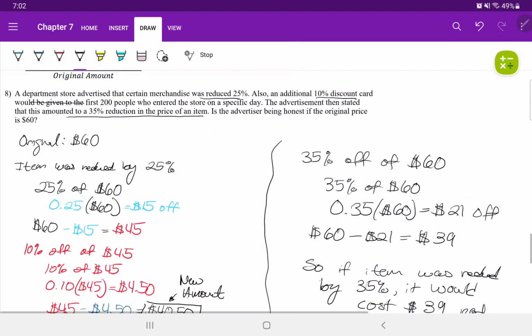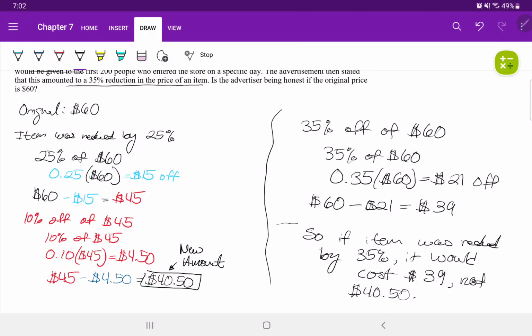So I wrote right here, down here, if the item was reduced by 35%, it would cost $39, not $40.50. Is the advertiser being honest?